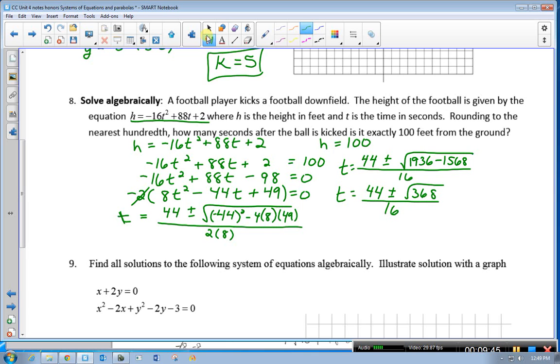And the square root of 368 is about 19. We're only going to consider the positive value because we're talking about a real life problem. So t is equal to, just do 44 plus the square root of 368, enter, and then divide by 16.